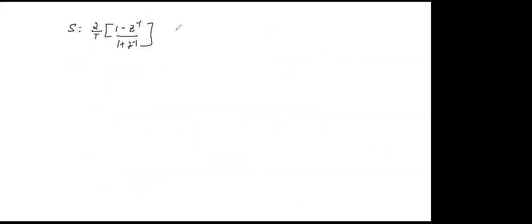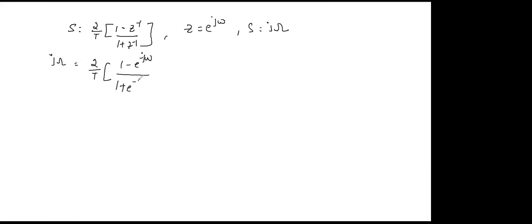Okay, now Z equals e to the power j omega, you all know. And S equals j omega, that part you know. Now replace S equals j omega equals 2 by T times (1 minus e to the power minus j omega) divided by (1 plus e to the power minus j omega).